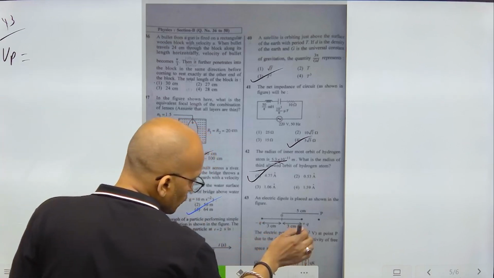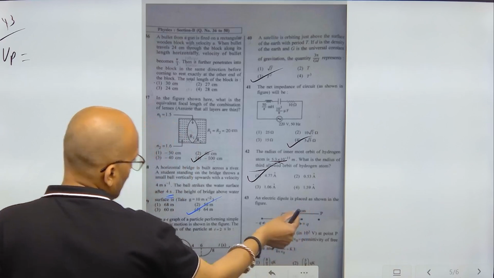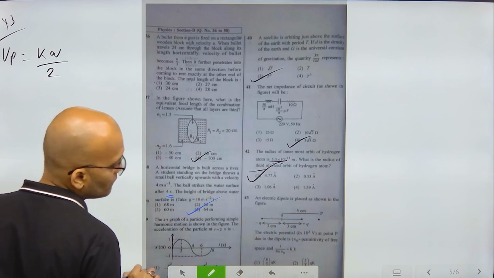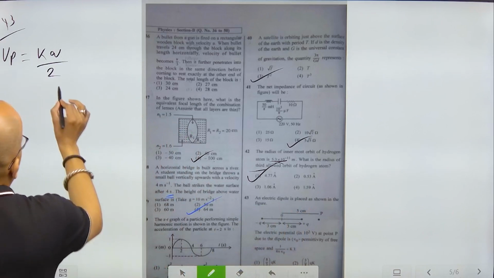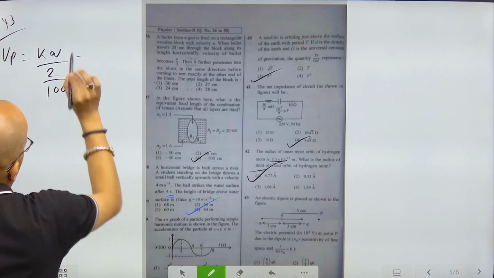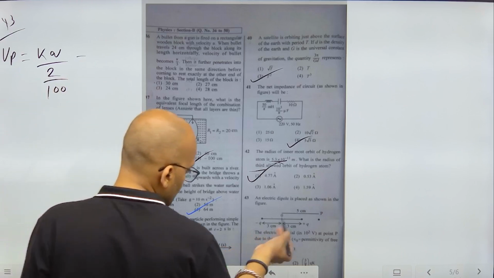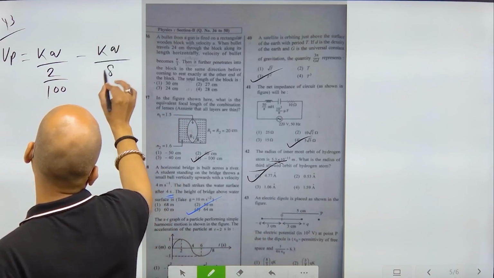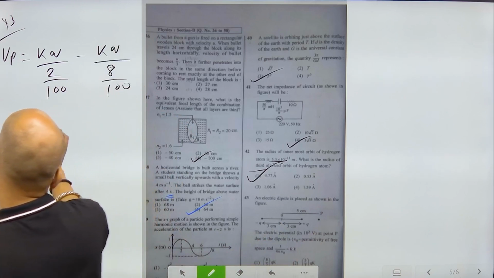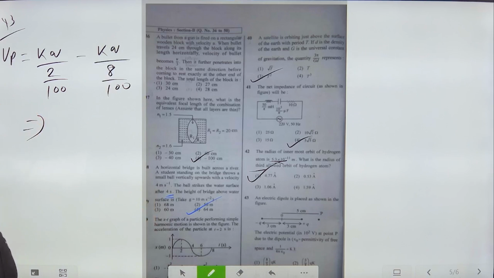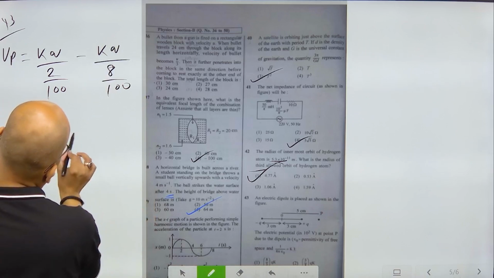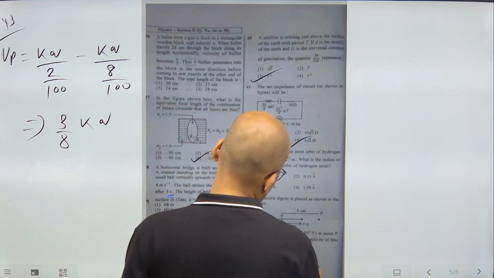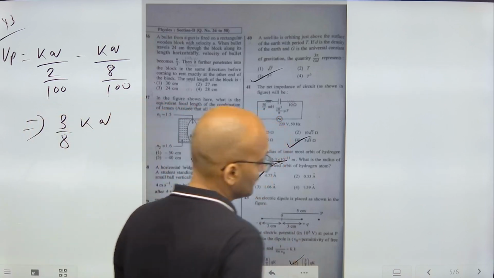So kq, this much distance is 3, this is 5, 5 minus 3, 2. kq upon 2 divided by 100 minus kq upon 8 by 100. Right? Solve it. 3 by 8 kq. So this is option second, 3 by 8 kq.